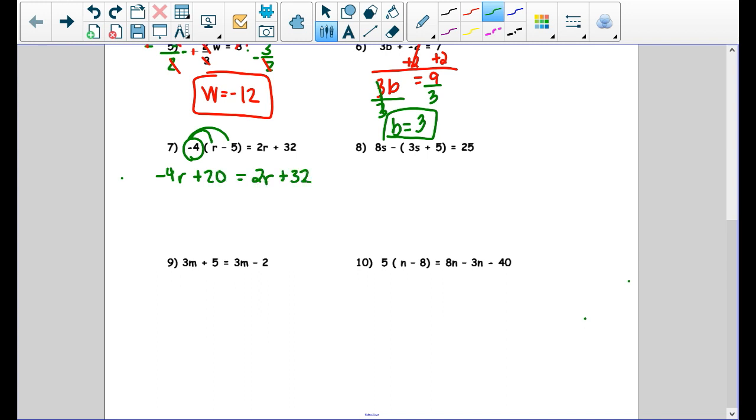Now, not only do we have parentheses, we also have variables on both sides. You can see here, I'm going to draw this line just so you see it. I have -4r here. I have a 2r on the right side. Typically, it's not wrong, I always move the variables first, because sometimes these variables are going to cancel out, and it's going to save me a step in the end.